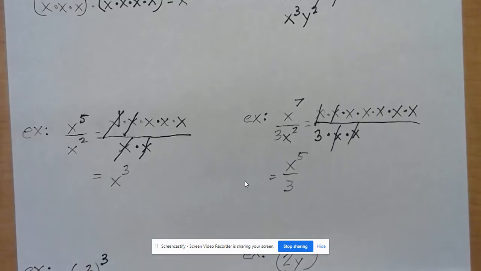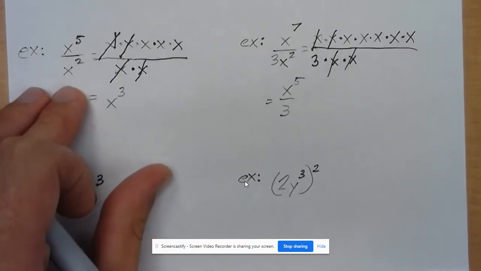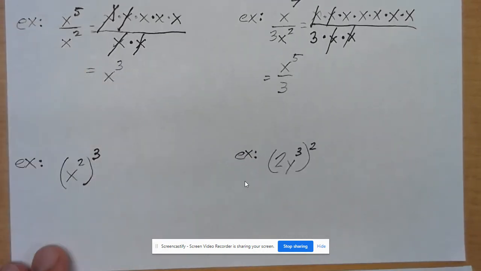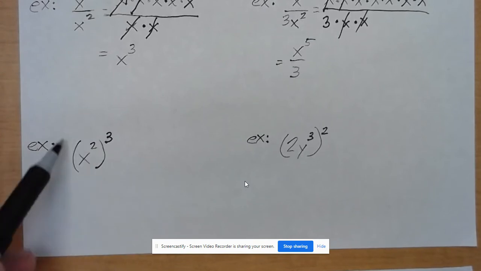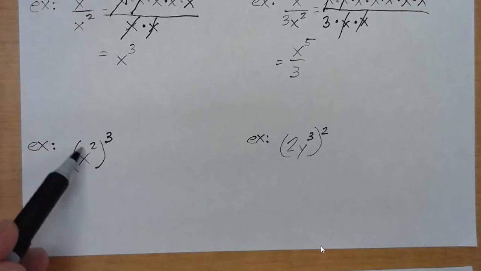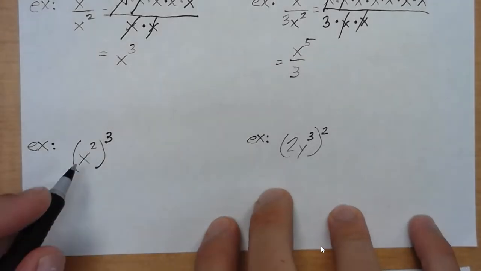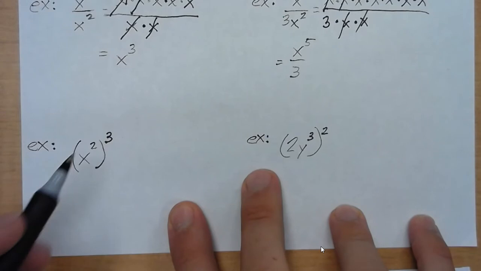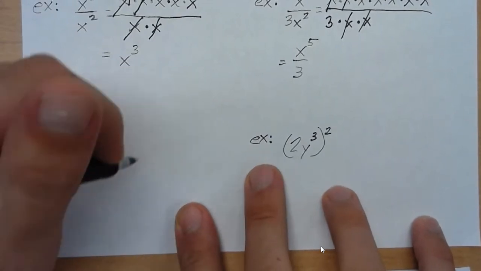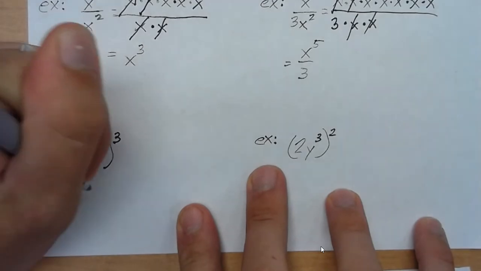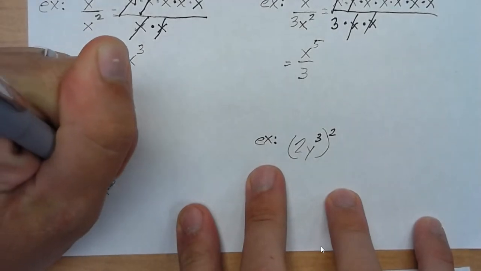Okay, next, what if we raise an exponent to an exponent? For instance, x squared to the 3rd power. Let's write that in the expanded form. That's just x squared multiplied by itself 3 times.